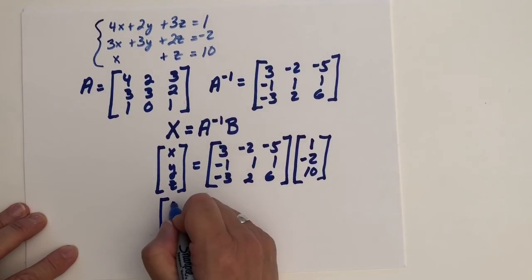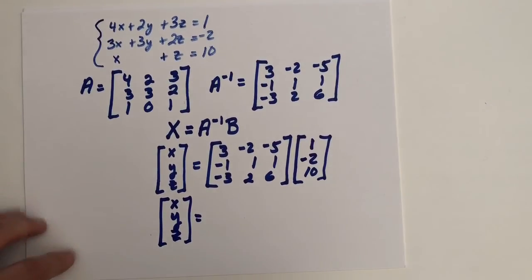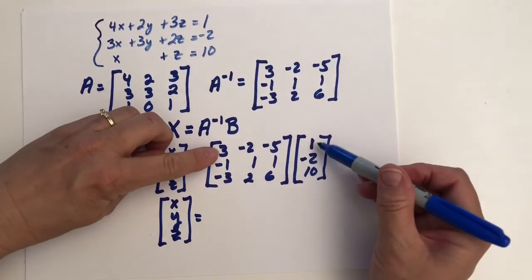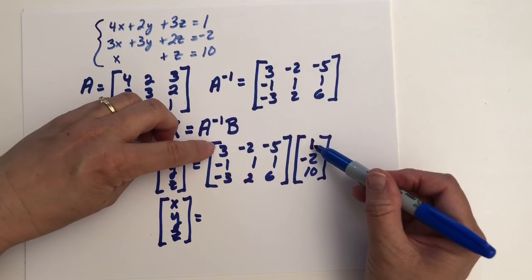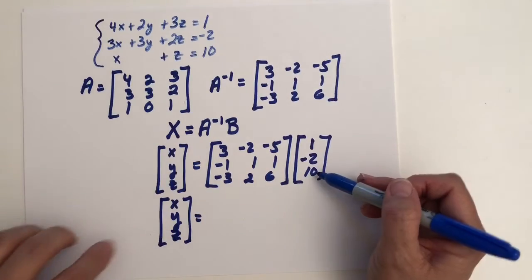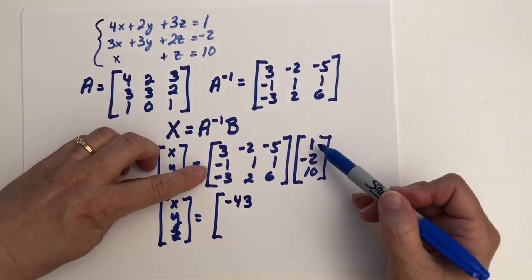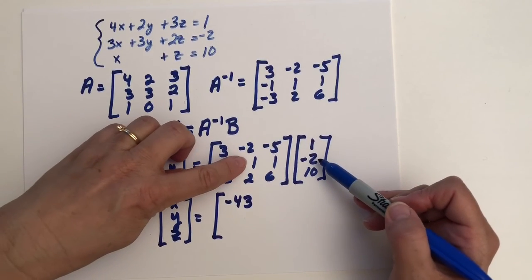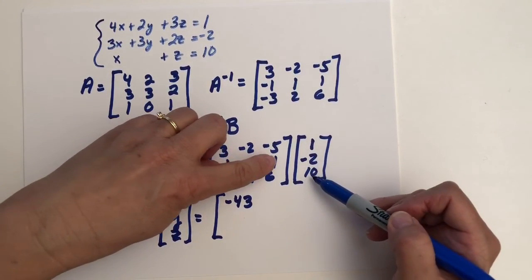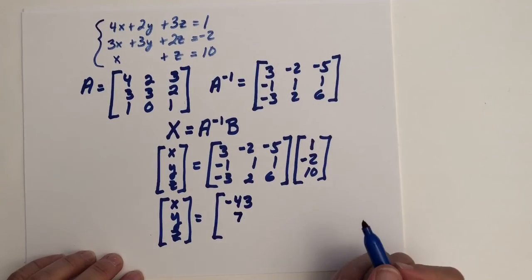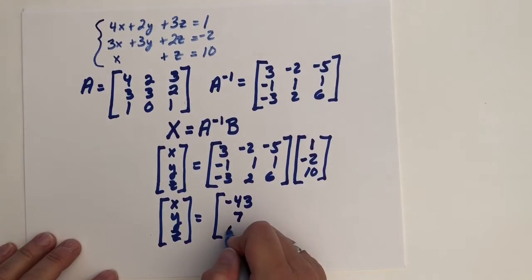So I have x, y, z equals, and now I need to do the matrix multiplication. I have 3 plus 4 plus -50. 3 plus 4 is 7, plus -50 is -43. -1 times 1, -2 times 1, and 10 times 1. So -1 plus -2 plus 10 is 7. And last, -3 plus -4 plus 60 is 53.